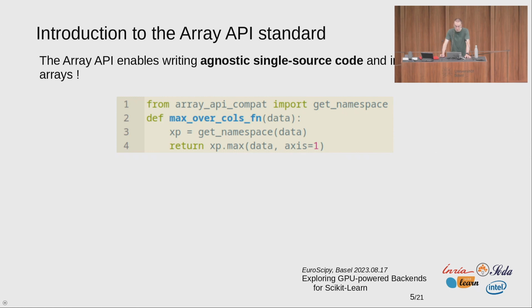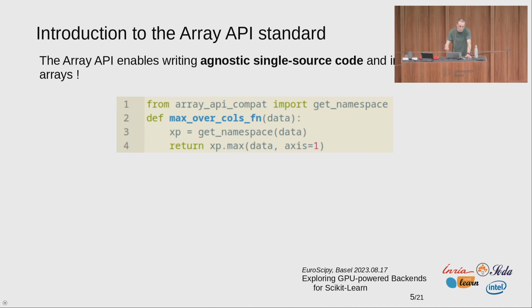The goal of the array API standard is to enable us to write agnostic single source code. So I have some high-level array library operation in mind. I use the array API standard. Here I create a function that takes as input some data. I don't know which type of data, but I just assume that it's array API compliant.